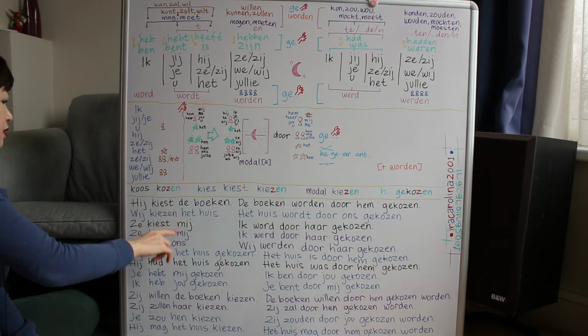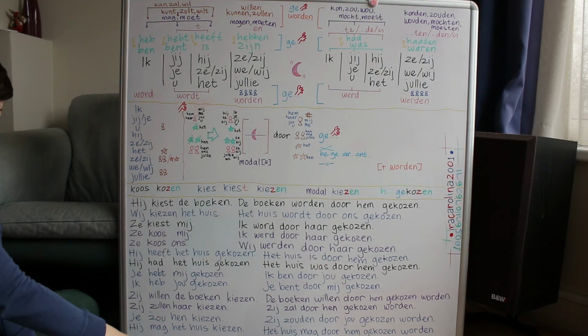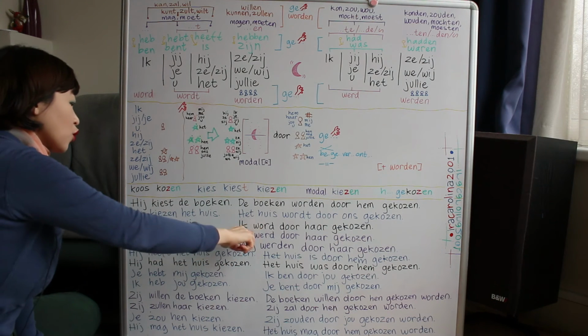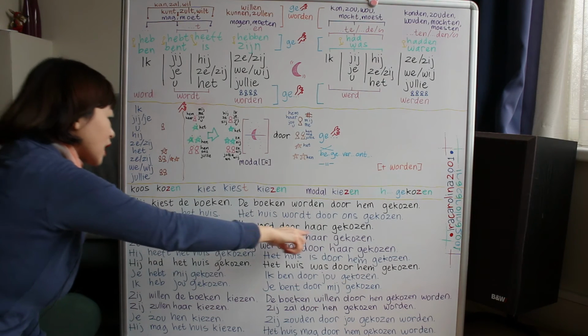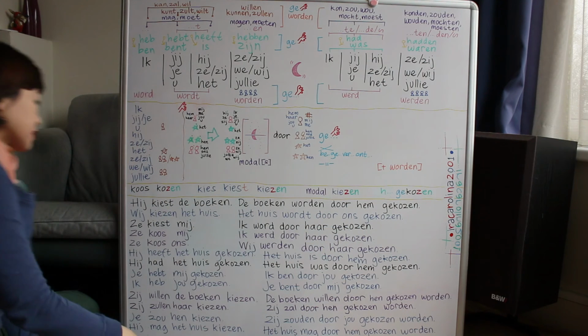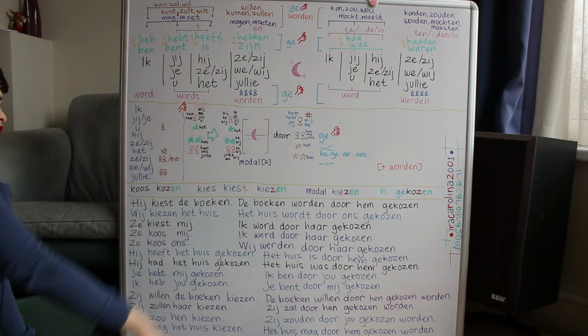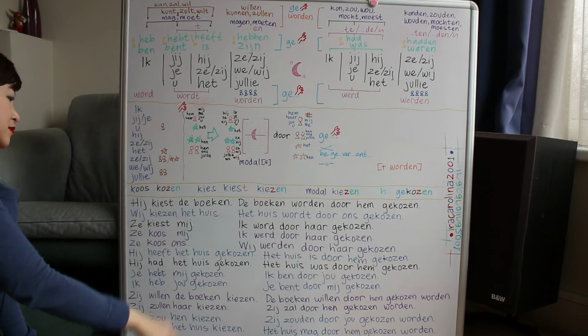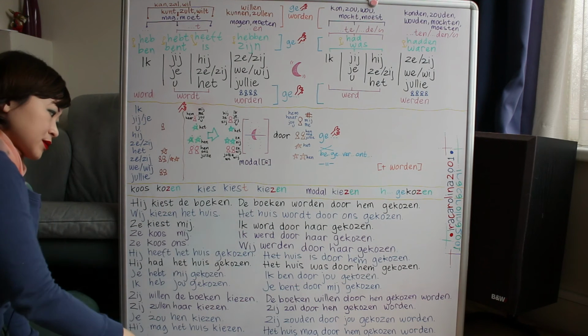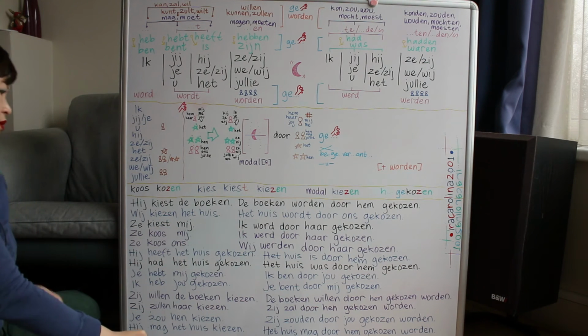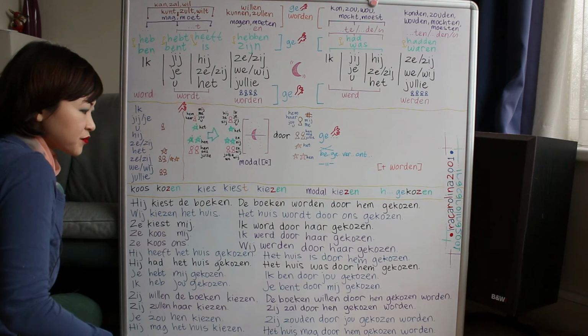Ze kiest mij, it becomes ik word door haar gekozen. Ze kiest mij, it becomes ik, because this one, mij, as object, becomes subject in a passive sentence.